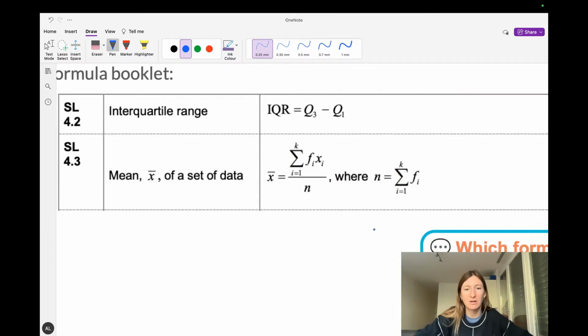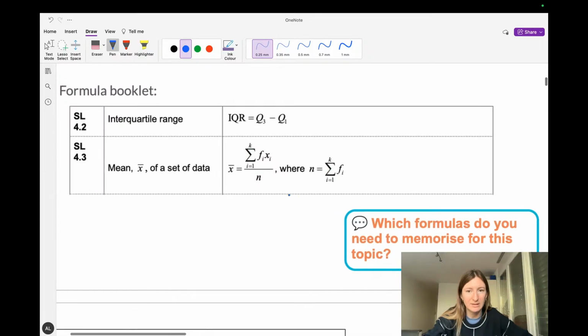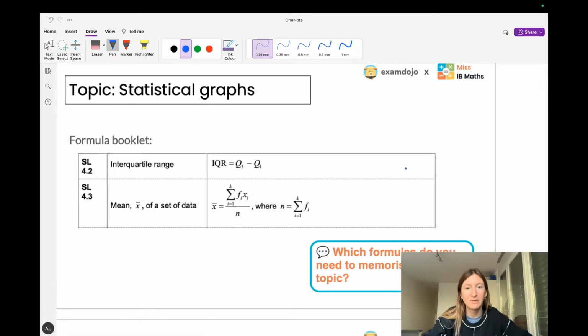I don't know if anyone has ever used that formula to calculate the mean because it just looks pretty horrific. But by this stage, hopefully we all know that the mean is the sum of all the values divided by how many there are. So that's what this is saying. This notation, the Greek sigma, is the sum of all the values divided by n, how many there are. So I think this formula is not necessarily the most useful for us.